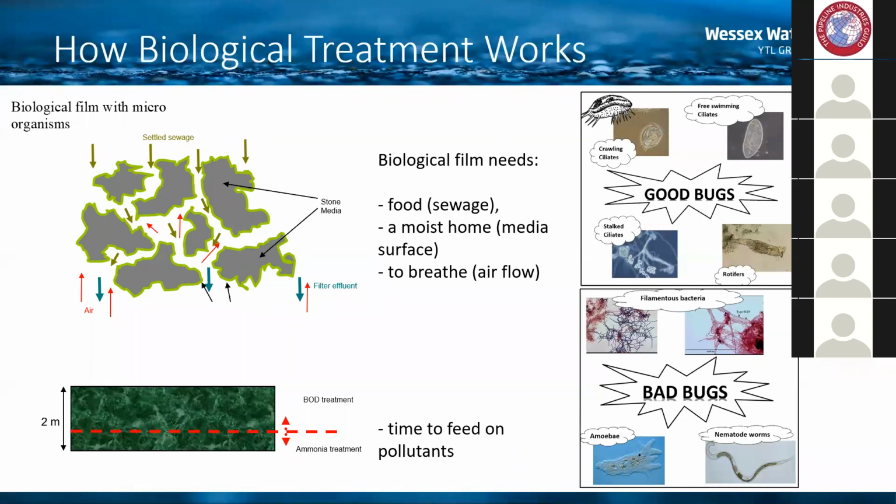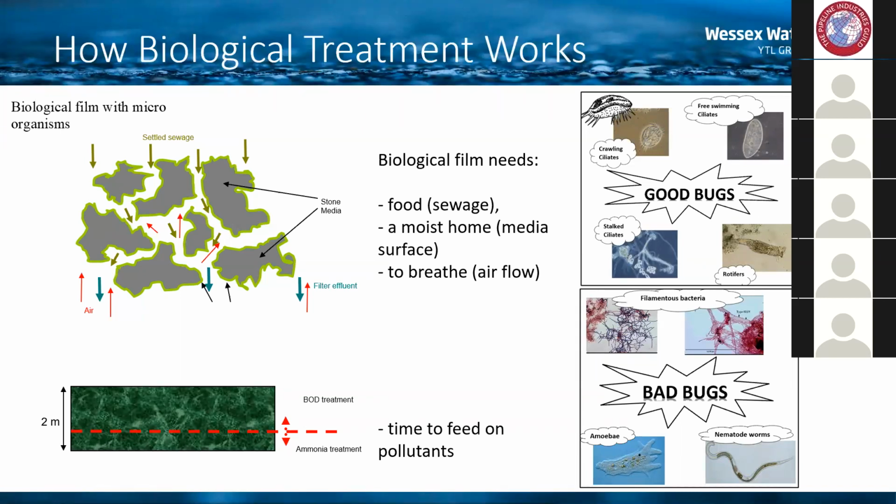It needs a moist home, and that's given by the media surface, and we have to make sure that the filters are rotating frequently and a certain wetting rate is achieved to make sure that media stays moist and doesn't dry out. And then it needs oxygen to breathe, and that's where those air vents come in, and it's really important that we keep the airflow going throughout the filter.